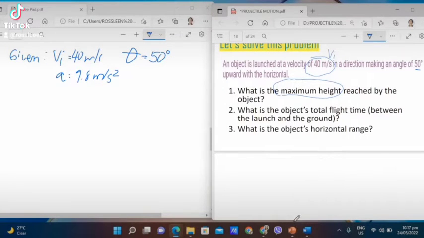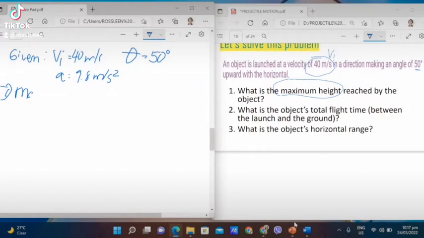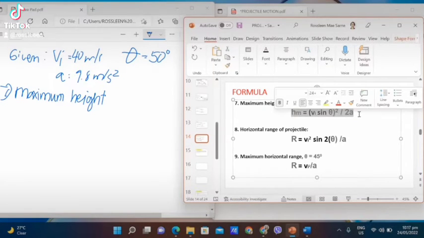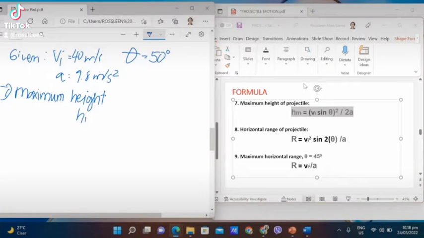We have to analyze the problem. We have to identify what the given data are. We have Vi, which represents the initial velocity, 40 m/s, theta, the 50 degree angle, and 9.8 meters per second squared, which is the acceleration, and it is constant.